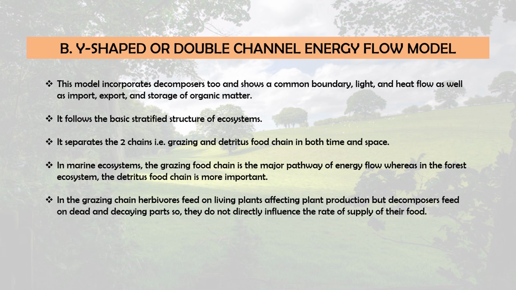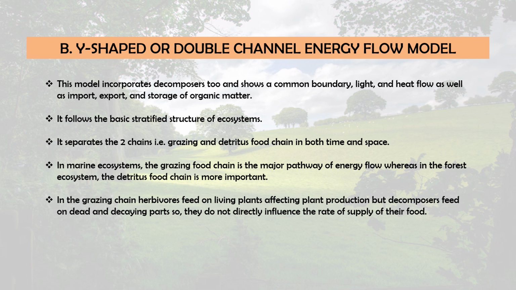And in the marine ecosystem, the grazing food chain is the major pathway of energy flow, whereas in the forest ecosystem, the detritus food chain is more important. And we will discuss why it's so.